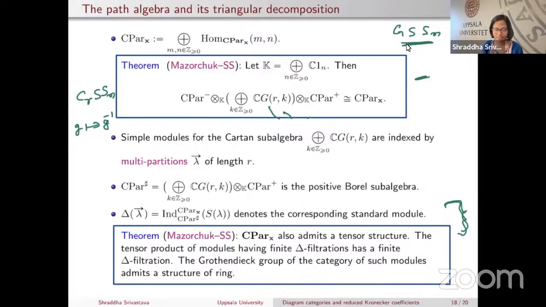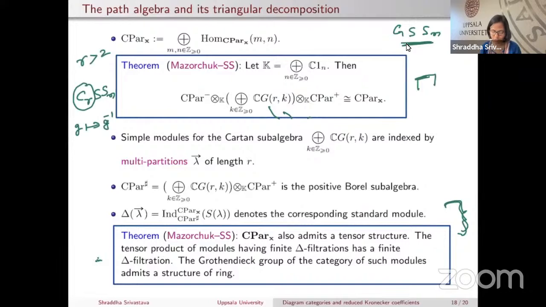This non-self-duality appears because of C_r. If r is bigger than 2, the representations are not self-dual. So there will be some issues here. Up to here this will work, because it is all diagrams and we can decompose it, but I'm not sure about this.